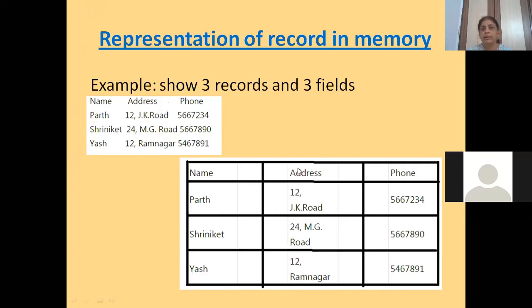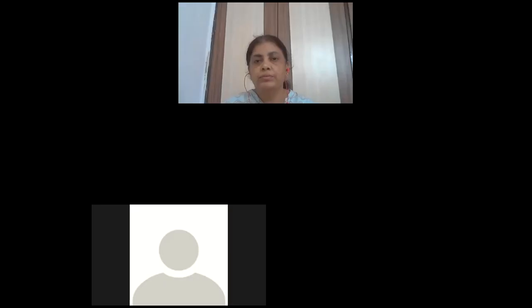You have 3 fields: name, address, phone, and 3 records: Parth, Shriniket or Yash. Right? So this is very simple expression in your exam. Understood?